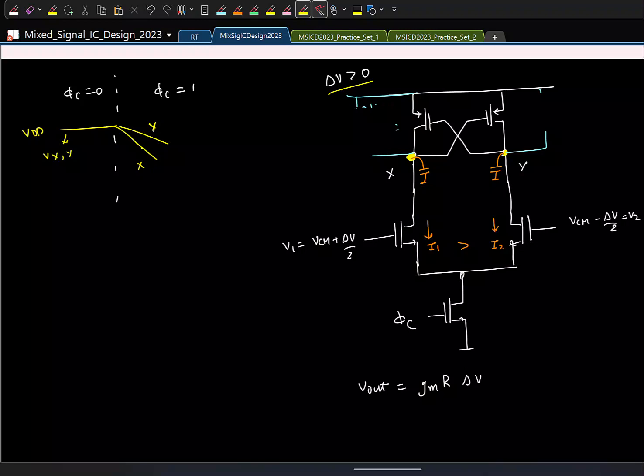When one of the gates drops to VDD minus VTH, the PMOS turns on. So which is dropping faster, X or Y? So which PMOS will turn on first, the left side or the right side? Right side PMOS will turn on. Which means we'll start pumping more current into that node. And once you start pumping more current into that node, Vy will start to increase. So let's say at this point, we have this, and then Vy starts to increase and Vx goes to 1.